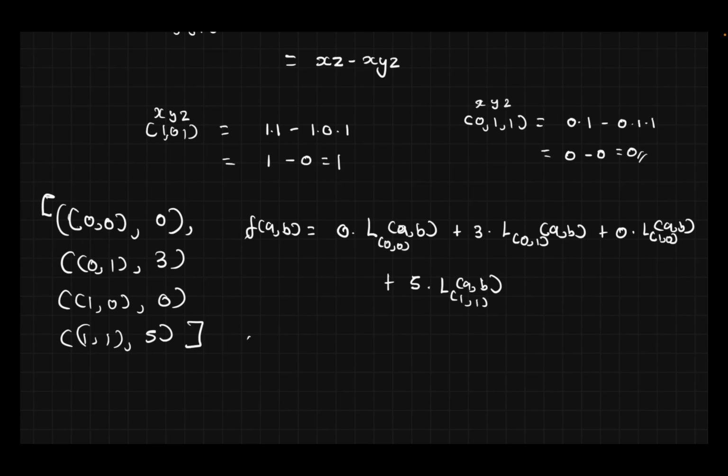So these are going to say that x should be 0 and y should be 0. So we are doing x 0, 0.